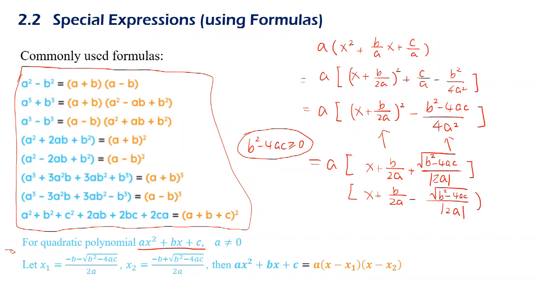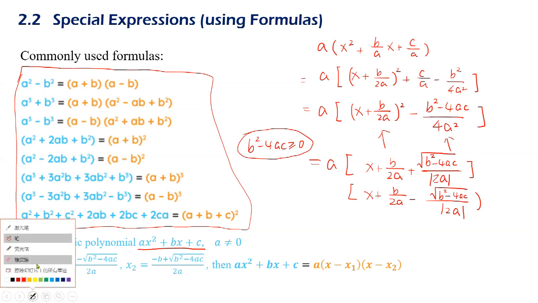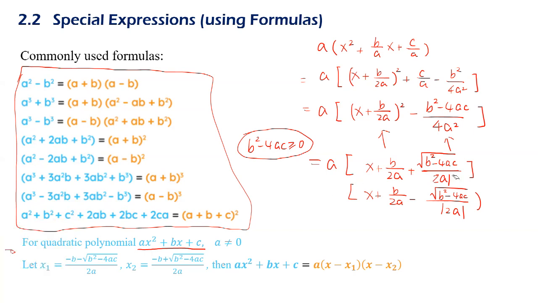Because we have a negative sign and a positive sign here, it is not necessary to use the absolute value here. So we can just leave the 2a there. So actually we can remove the absolute value sign.